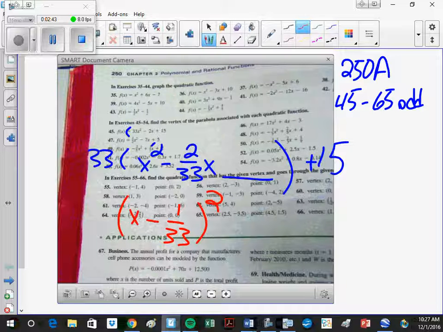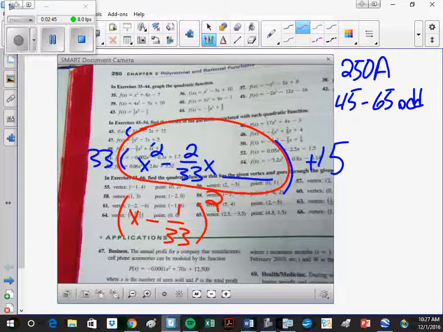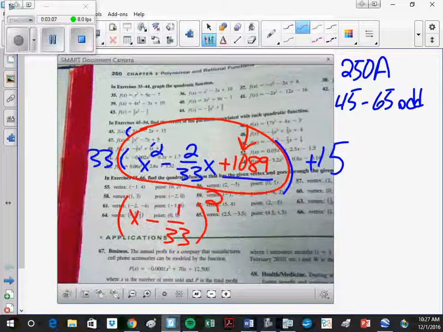So what would I need in this place for that quadratic to factor as a perfect square? 1 over 33 squared. What is 33 squared? $1089. So plus 1089. Oh, sorry, 1 over 1089.